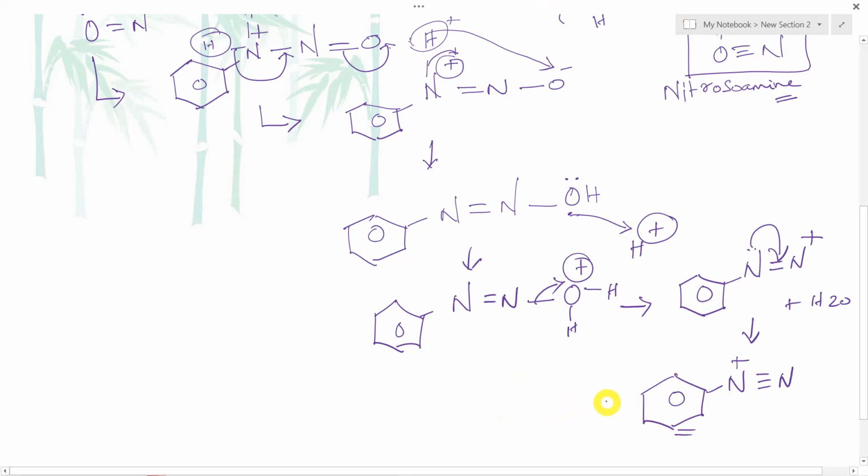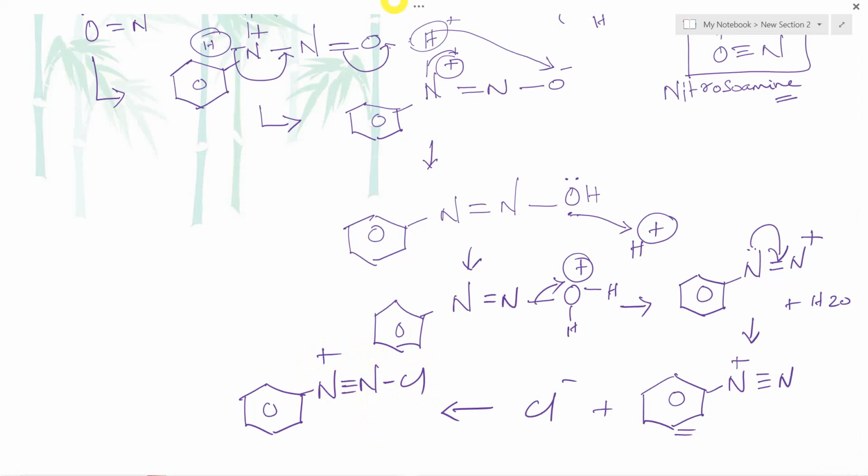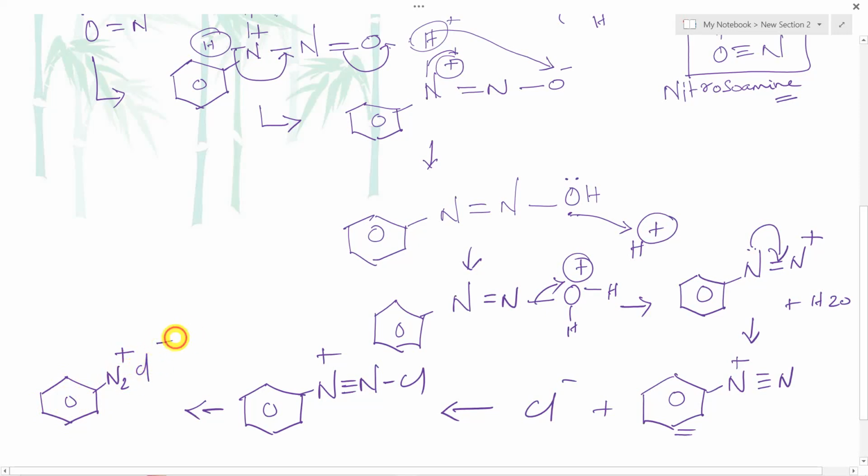Now when Cl minus reacts with this N2 plus, it gives N triple bond N Cl, N2 plus Cl minus. So this is the benzene diazonium chloride, which we write as N2 plus Cl minus.